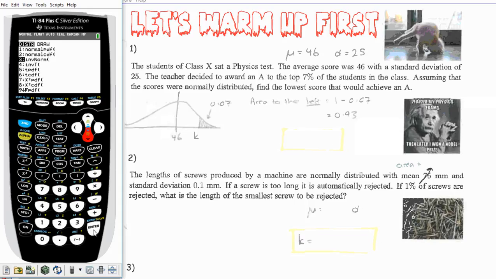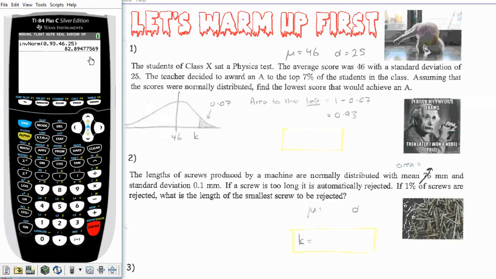For inverse norm, the area that has to go in is the area to the left, so we put in 0.93, enter, and then we plug in our mean, mu, which is 46 for this one, and our standard deviation, sigma, which is 25. And we go down to paste, press enter again.